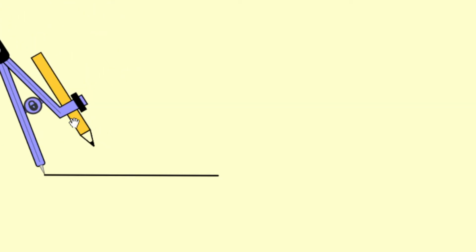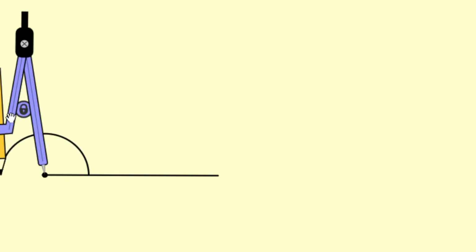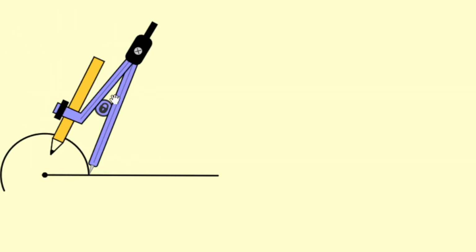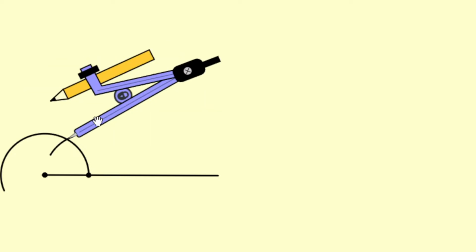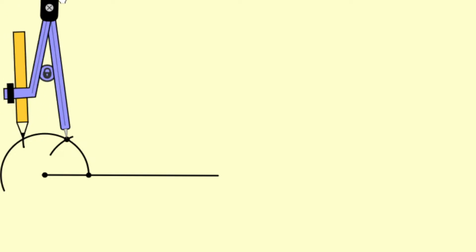The angle of 120 degree, you already know how to draw. I've already taught you, so I'm just going to do it now. At point B, we construct an angle of 120 degree. So that construction is done.